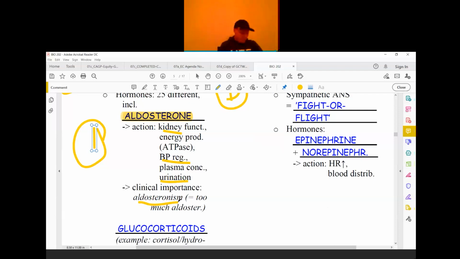If you think about the effects of having too much aldosterone, it would be all these things going hyper. The kidney would work super fast. Urination would be running overboard, blood pressure regulation would be hyper, energy production, and so on and so on. So that would be a problem.